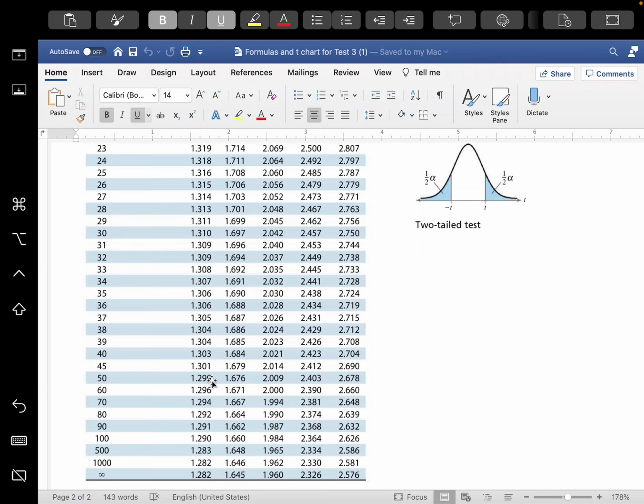So once you get a higher n value, your degrees of freedom are high, your t-scores don't vary that much from your z-scores at all. But if you end up with a sample size that falls in between one of these, always round down. So if I got a degrees of freedom of 74, you would go down to 70. If I got a degrees of freedom of 58, I would still go down to 50. You're not going to round according to rounding rules. You are going to use the last one that is on the chart.